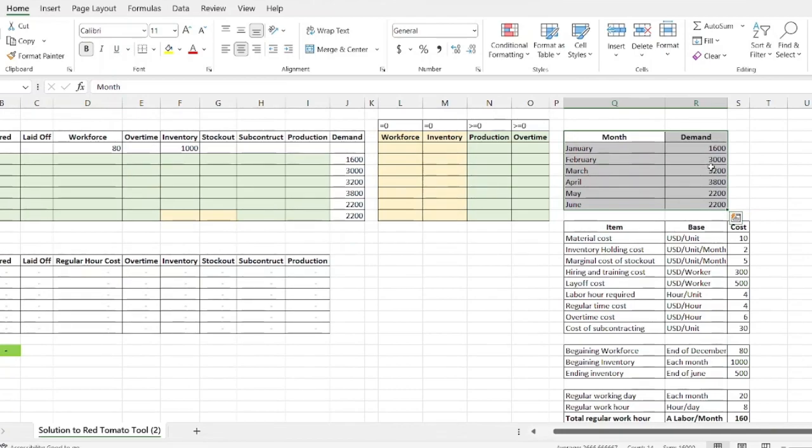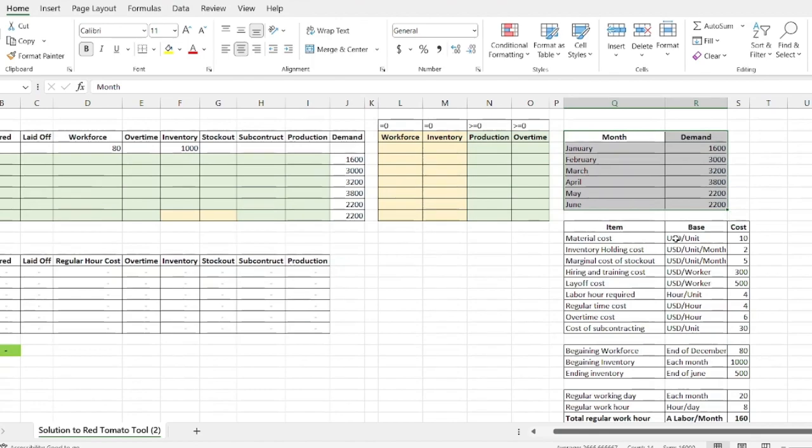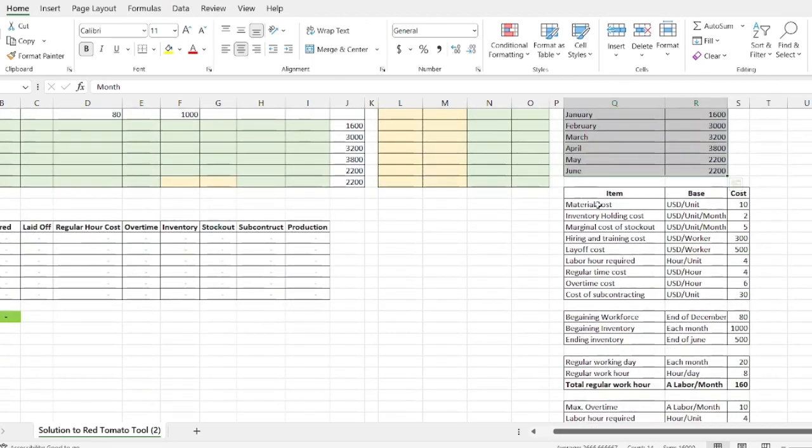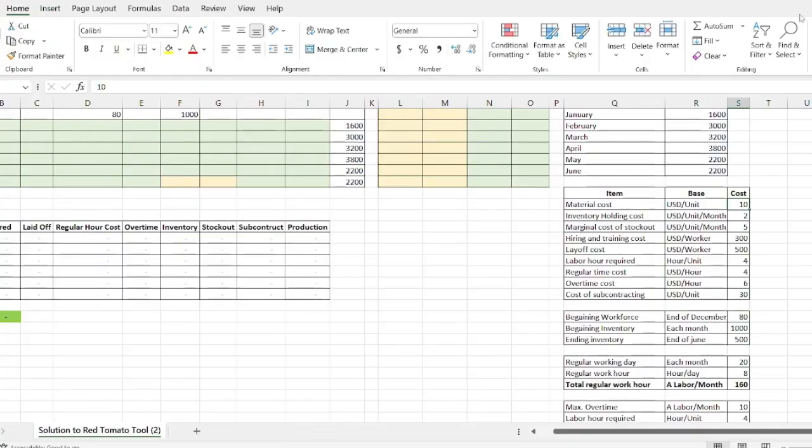For the calculation, I have taken all this information here. Material cost is $10 per unit, which is given there. Then inventory holding cost is $2 per unit per month. Marginal cost of stock out is $5 per unit per month.